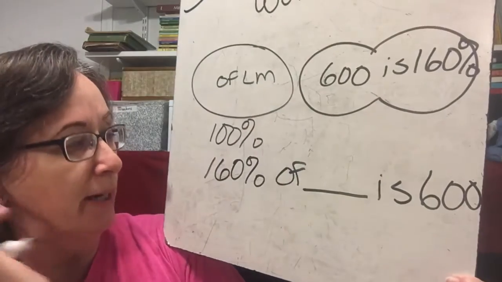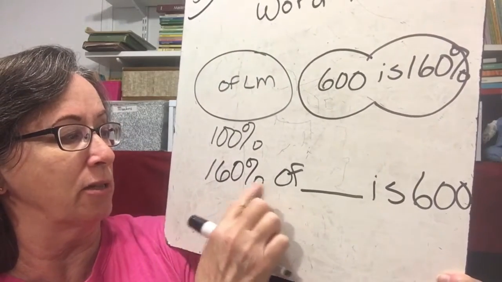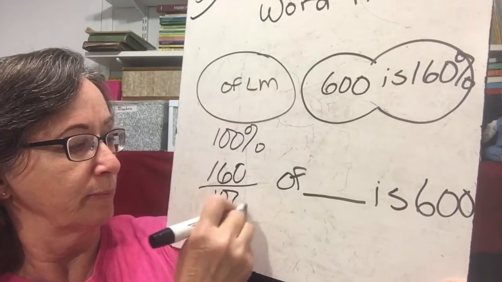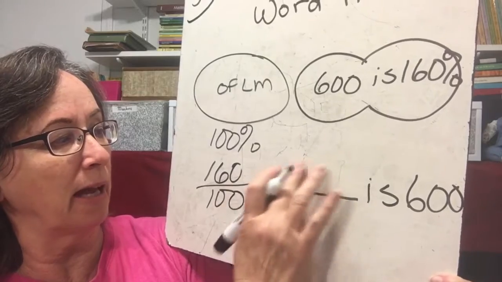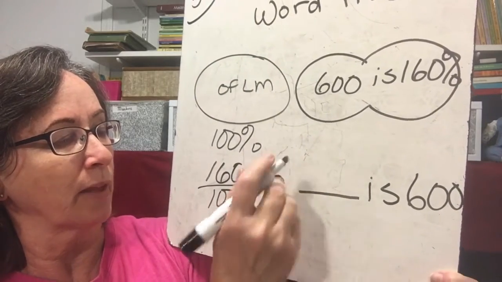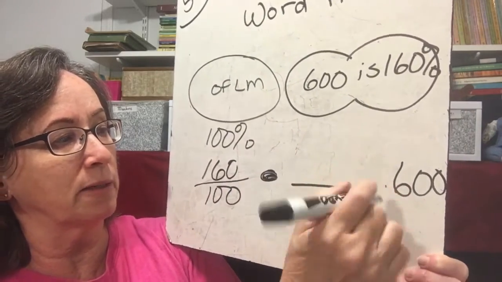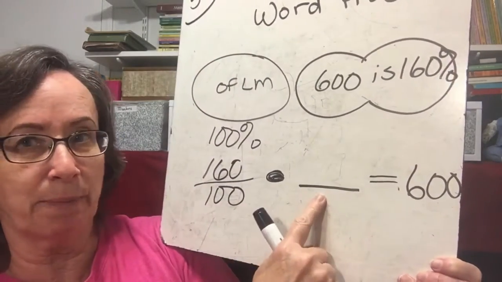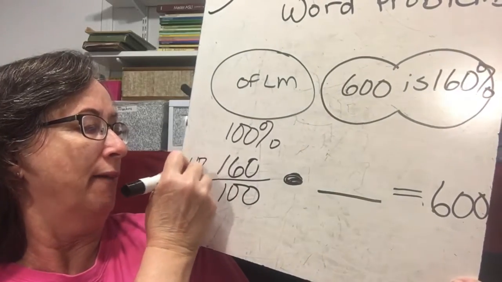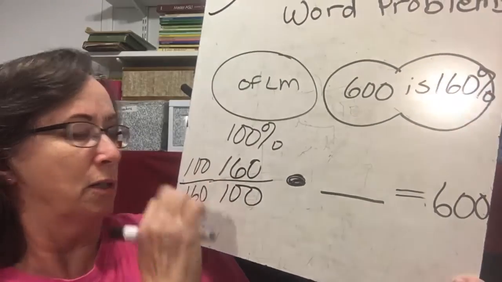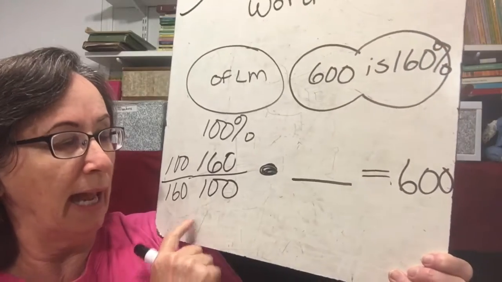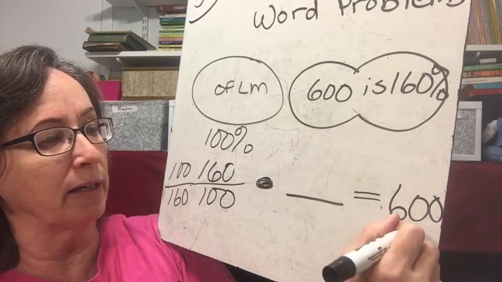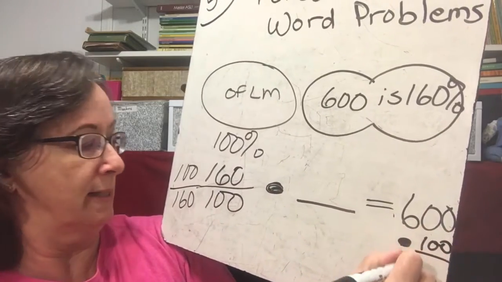So what we're going to do here to figure it out is we're going to change this to a percent. We're going to change this to a times. We're going to change this to an equal sign. And now to get this by itself, wouldn't I have to multiply by the reciprocal, and then on the other side, wouldn't I also multiply by 100 over 160?